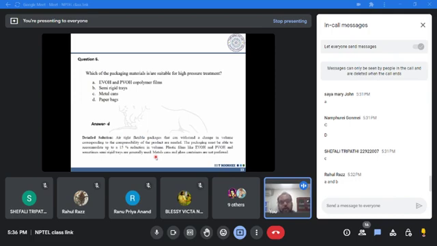The major objective is that if your packaging material is compressible, then when we are applying pressure, your application will be successful. Whether your packaging material has the ability to compress or reduce in volume, you can apply high pressure processing.